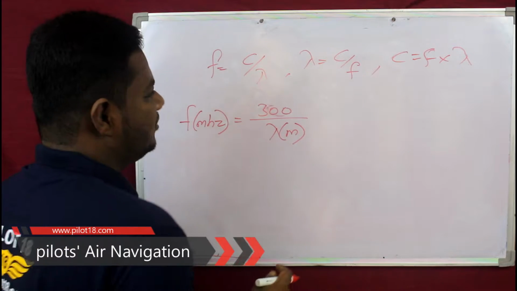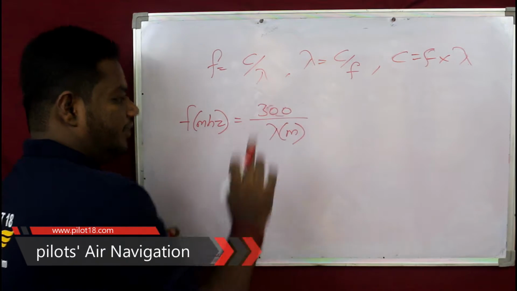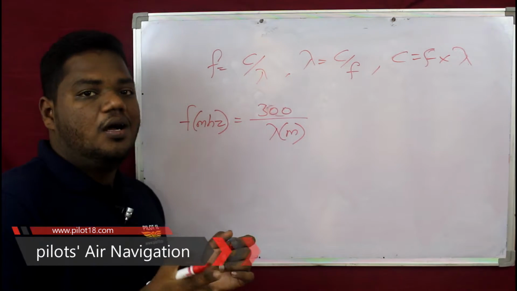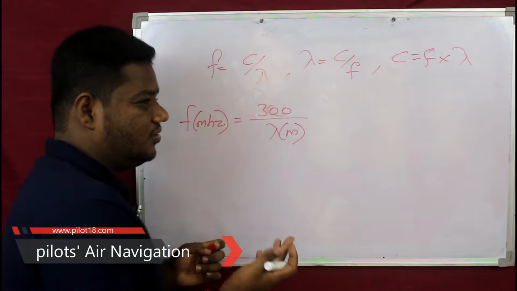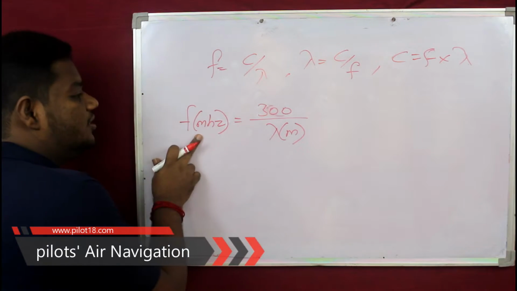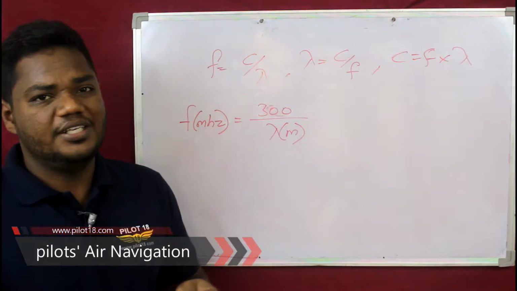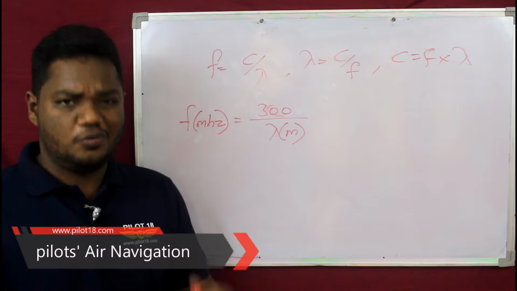If instead of 300 you keep 3 into 10 to the power 8 meter per second, your frequency will come in hertz, and lambda comes in some micrometer something, which makes the calculation a lot more difficult.